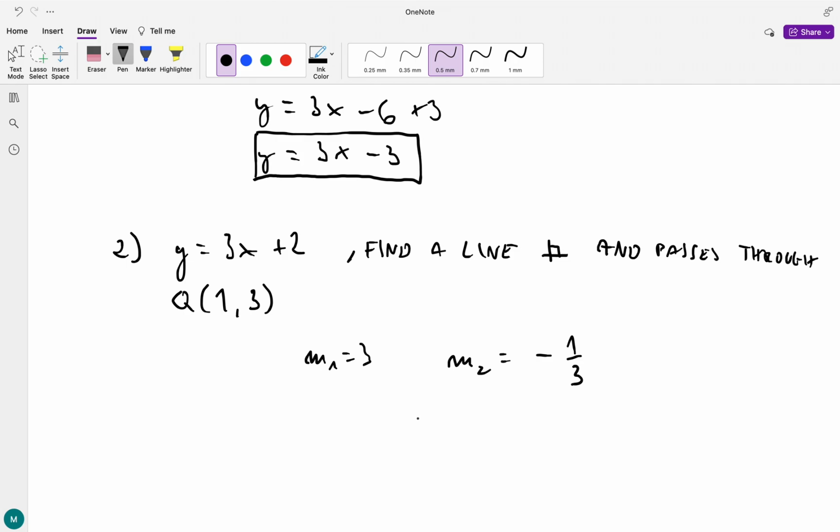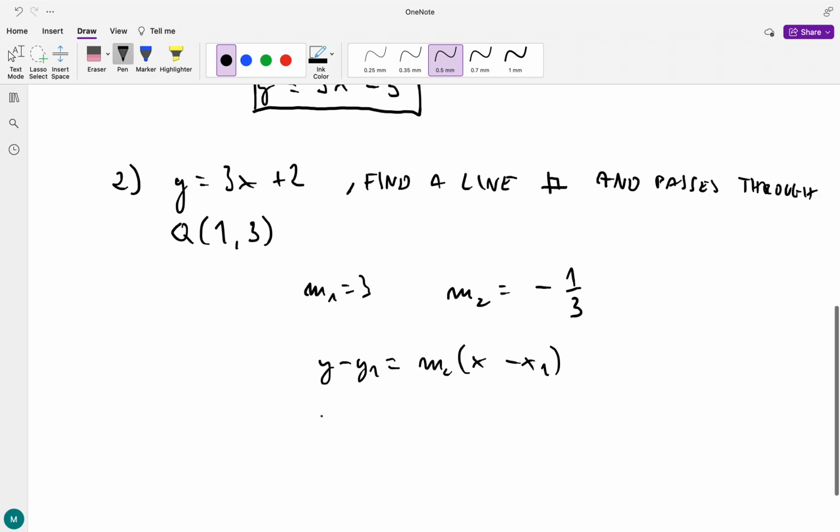Now, all that's left is to use the information we have and plug it into the point-slope formula. Once again, it's y minus y1 equals m2 times x minus x1. Let's plug in the numbers. So we have y minus 3 equals -1/3 times x minus 1.